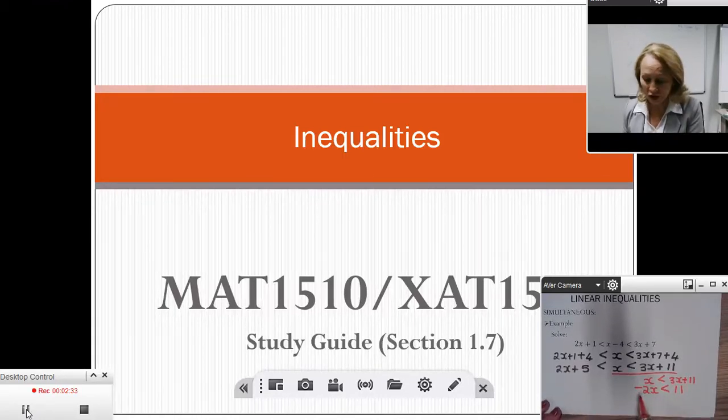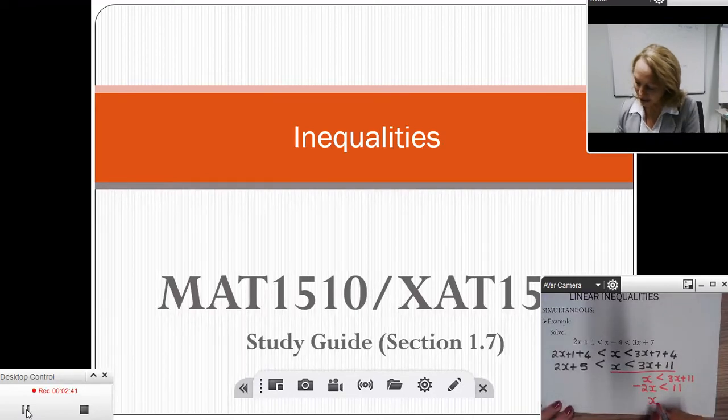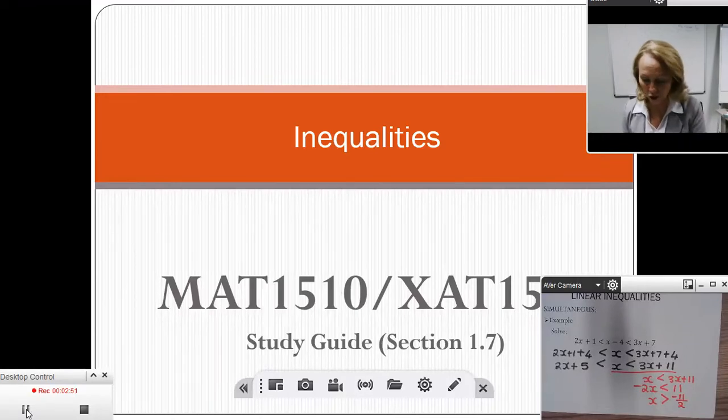So if I'm going to divide the left-hand side by minus 2, I have to divide the right-hand side by minus 2, the inequality sign changes and we get 11 divided by minus 2, which is negative 11 over 2. Alright, so that is on the right hand side.